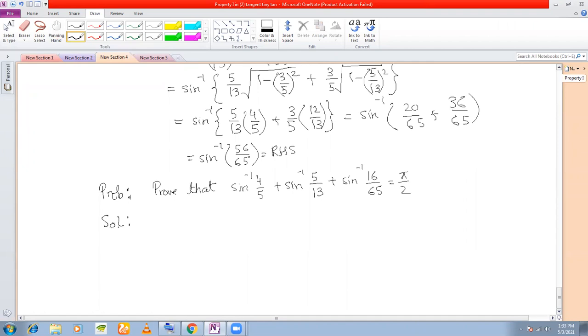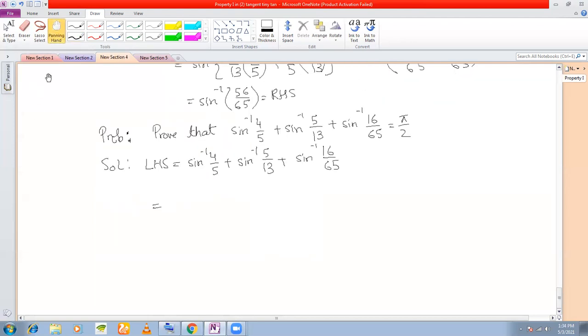Now, in order to solve this, start from the left hand side. You take the first two sine inverses, sine inverse 4 by 5 plus sine inverse 5 by 13, and you add them by the sine inverse x plus sine inverse y formula.